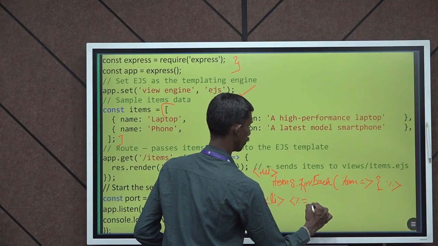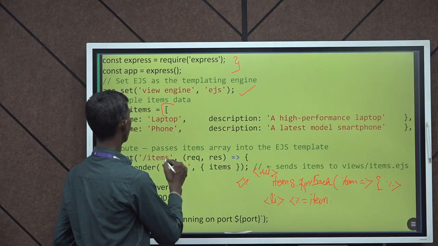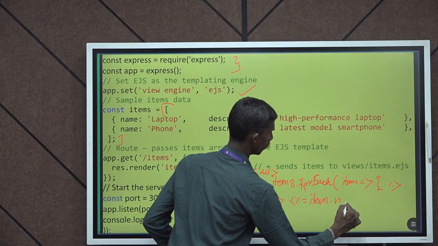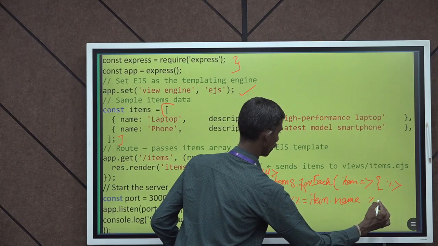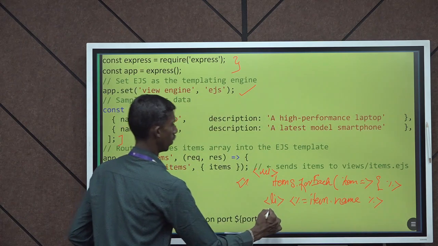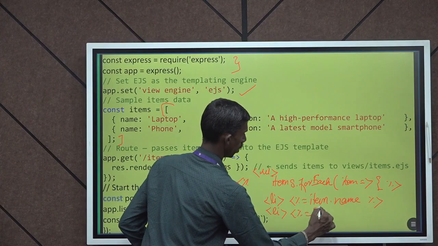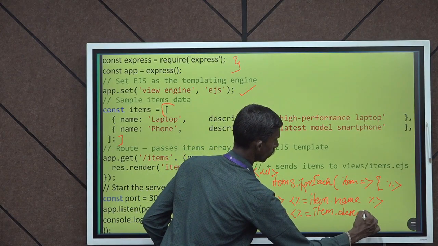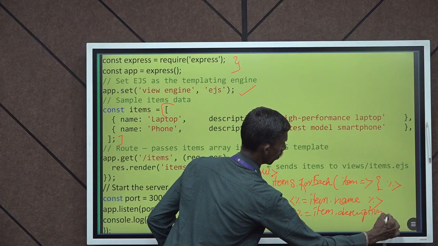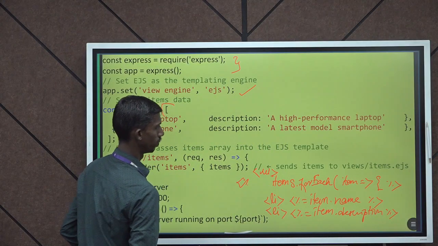Equal to item dot name, the name will be printed. Item dot description, the description of the item will be displayed.